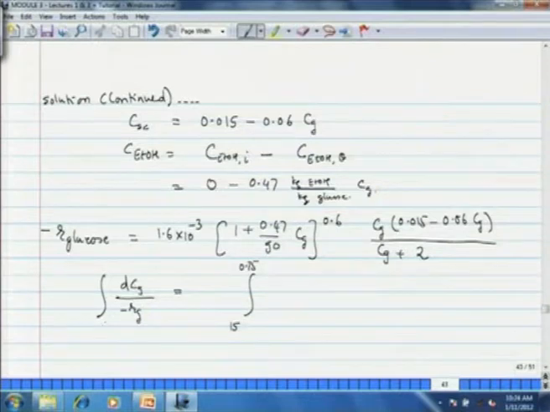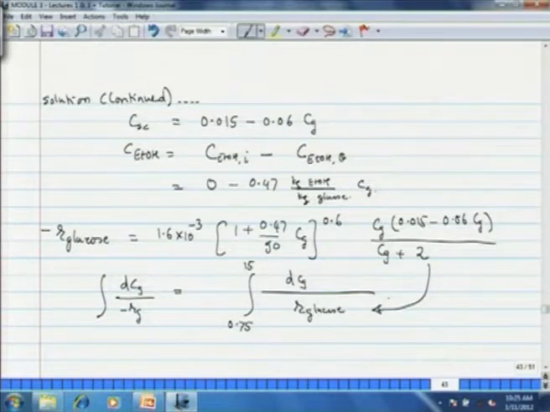Okay. Now, if you absorb this minus sign, then the limits get exchanged. So that we do here: we absorb the minus sign and exchange the limits, dCg divided by R glucose, which is this expression.